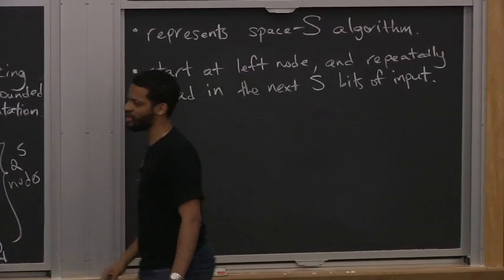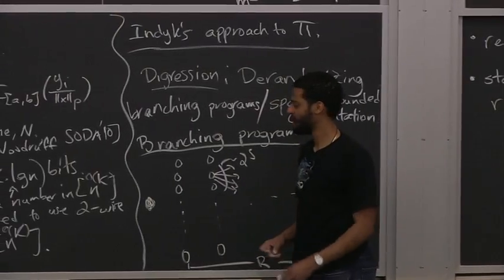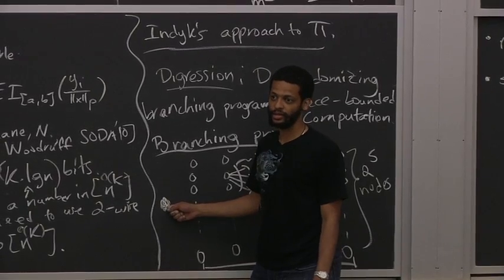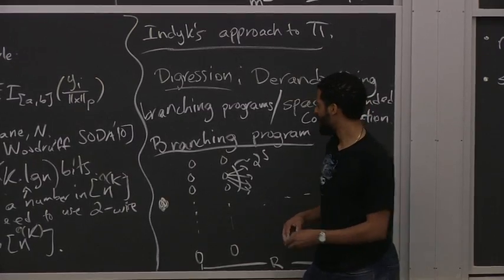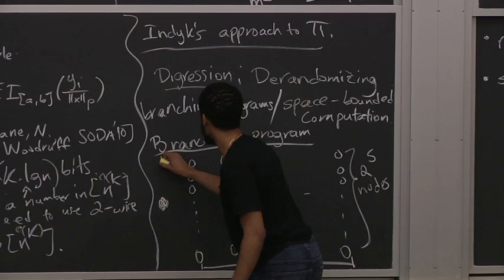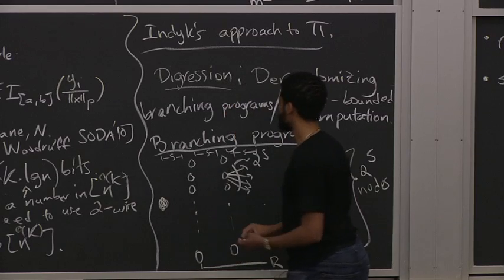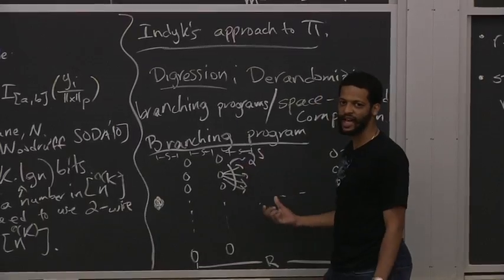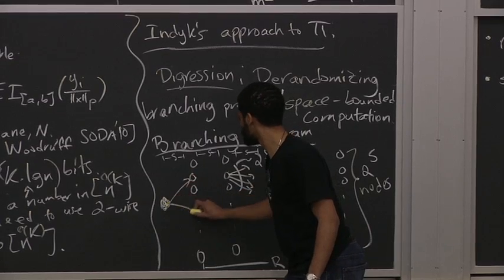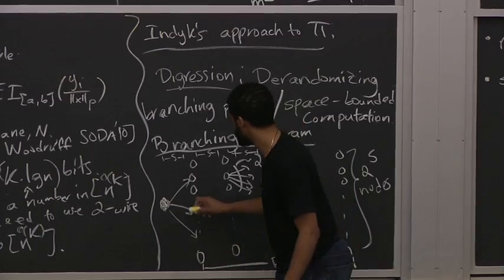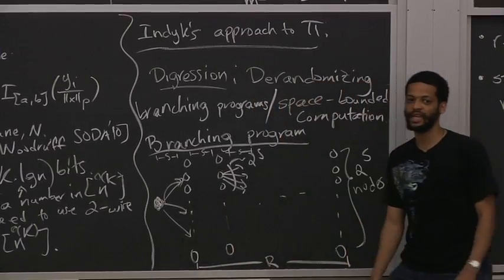So you have some algorithm that uses space at most S. Your algorithm starts in this state. You read in S bits of the input. So this graph is the description of a program, and there's some input that's written here. So there's S bits here, S bits written here, S bits written here, etc. So there's a bunch of bits chopped into chunks of size S written at the top. You read in these S bits, and then that causes you to go somewhere in the next layer. It might be that two different S-bit strings make you go to the same place.